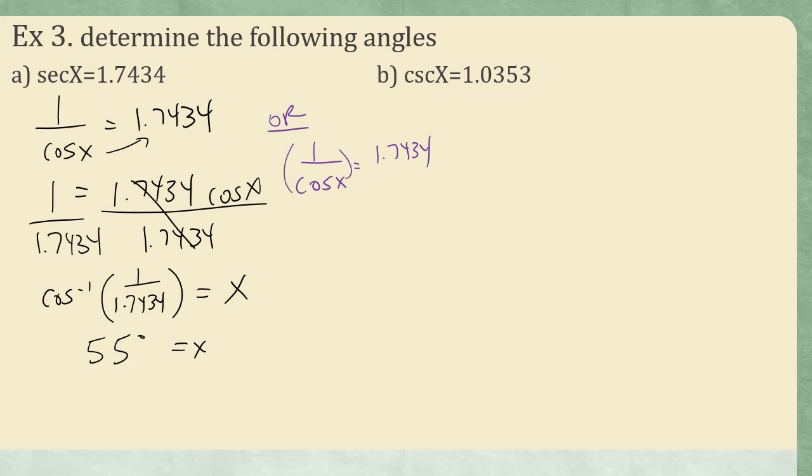So I guess I could write that. But it just amounts to you flipping it. So that would become cos x over 1, right? And then 1 over 1.7434. Which is what we got eventually in our second step. But again, that's just another way you can jump from the first line down to your third line.